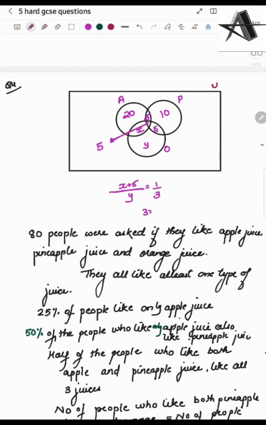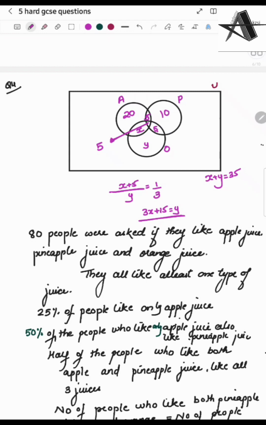It will be 3x plus 15 is equal to y. I got one relationship. Two things are still unfilled. Apart from that, we have the relationship that these two unfilled should be equal to 35. So x plus y should be equal to 35.